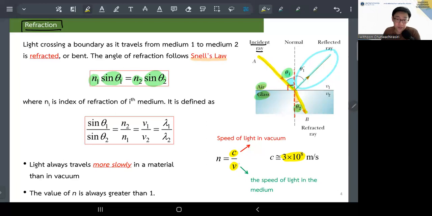And one thing that you have to know is, even though we learned from sound or mechanical waves that when you have a medium with very high density, very tight, remember the wave on strings, when you have a high tension, the speed of the wave increases, right? But not for light, because light is an electromagnetic wave.